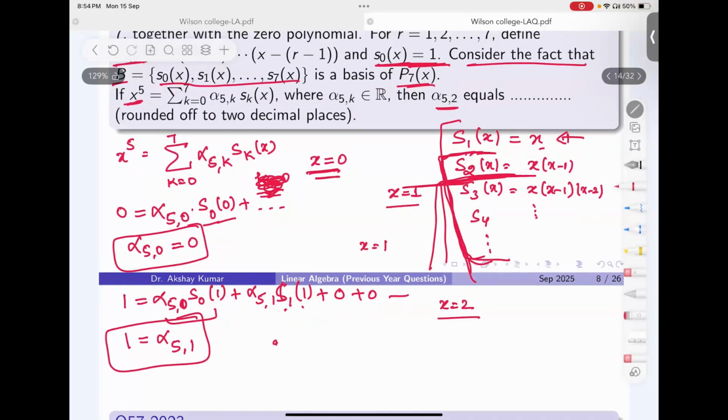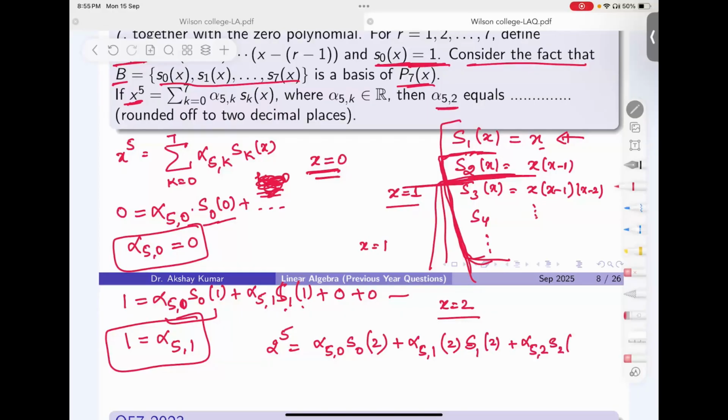So it will be 2 to the power 5 on the left hand side, equals alpha_{5,0} S_0(2), plus alpha_{5,1} S_1(2), plus alpha_{5,2} S_2(2).